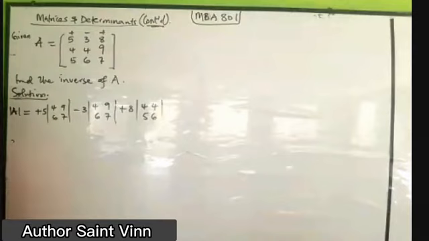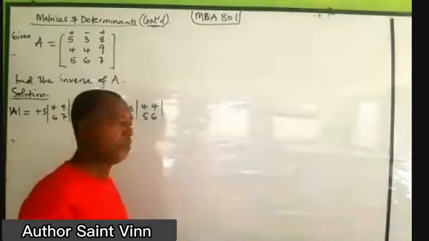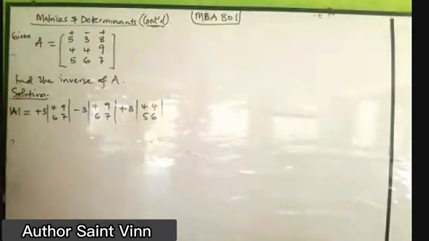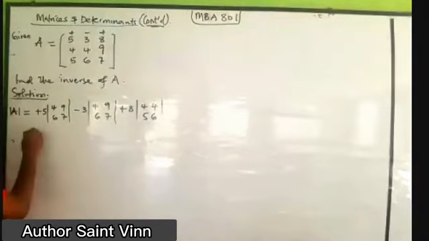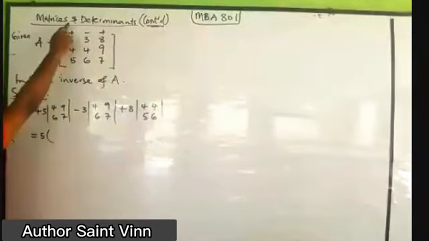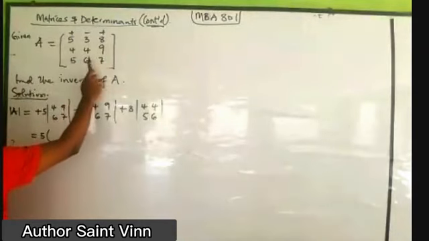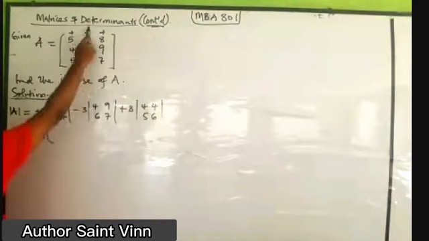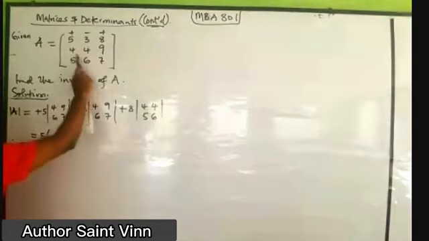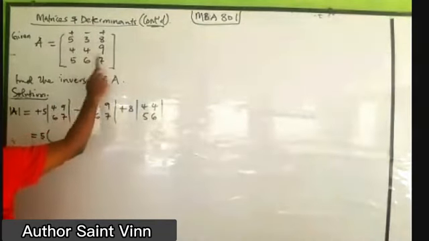For us to find inverse, we need the determinant. So the determinant of this 3 by 3 on the board, which I believe is clear. This is the row, the column, the row. We have 4, 9, 6, 7. Minus 3 times 4, 9, 5, 7.